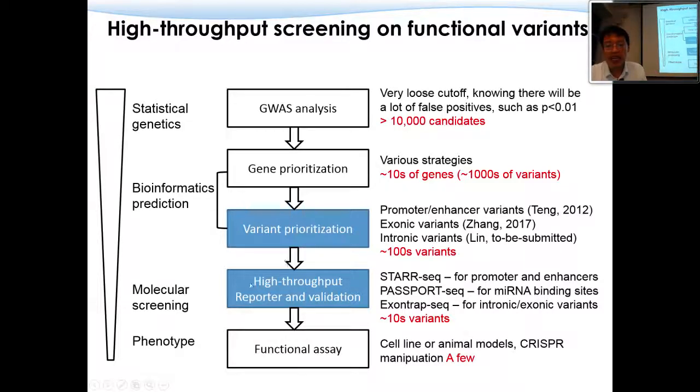In the next lecture, she is going to talk about high-throughput reporter assays and the validation side, looking at how we can tackle this by screening thousands of variants in one single experiment. That will be a very fun topic as well.